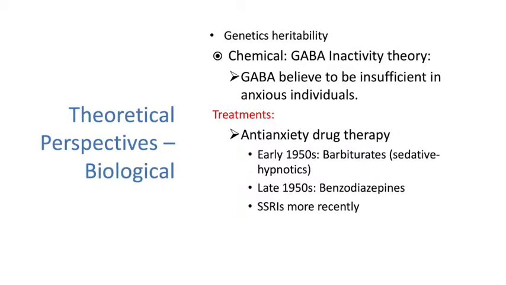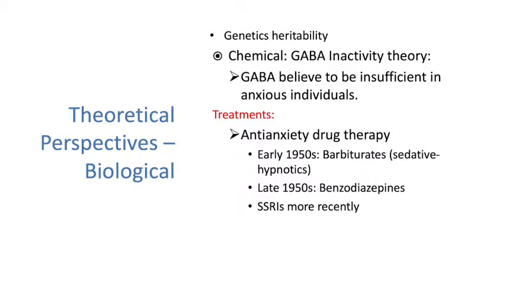GABA is a particular neurotransmitter in the brain that has inhibitory powers, meaning that it slows down, so the more of it in the brain, the slower the central nervous system becomes, and the slower the rate of firing in the central nervous system, which obviously has anti-anxiety or anxiolytic effects.